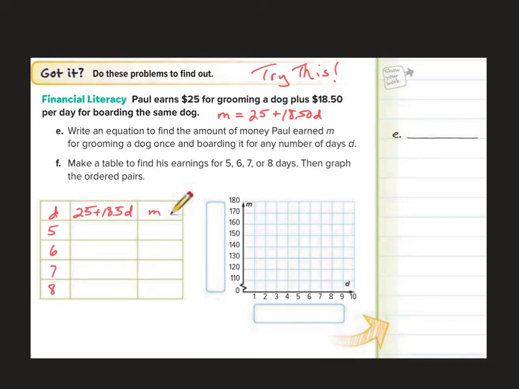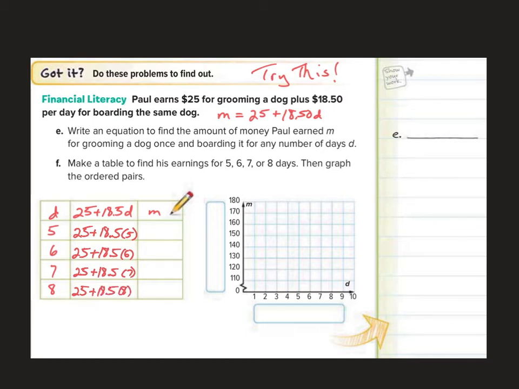So now we just plug in our days for D and work our equation. So I'll jot these down first. 25 plus 18.5 times 5, 25 plus 18.5 times 6, 25 plus 18.5 times 7, and then 25 plus 18.5 times 8.